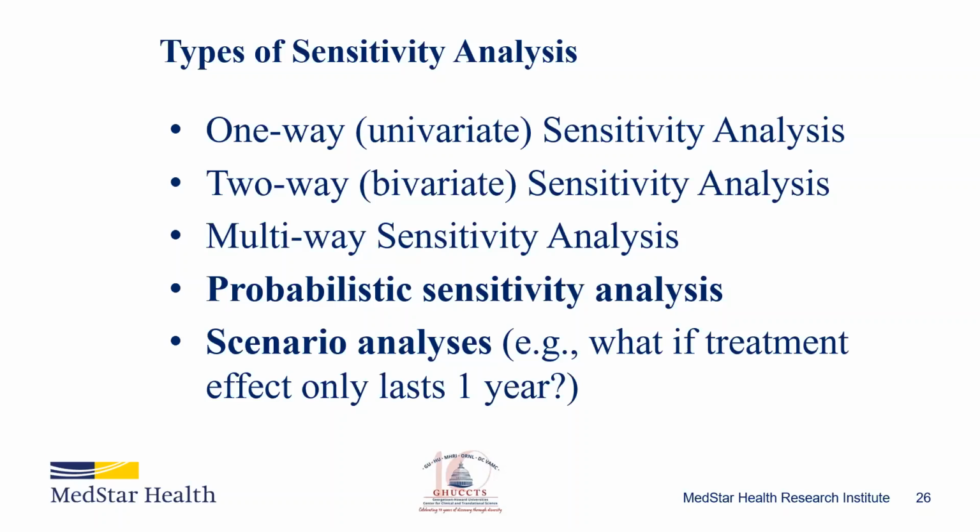And so what we do then is what we call probabilistic sensitivity analysis. And for those who were at the session a couple of months ago, where we did Bayesian analysis, you'll recognize this, and I'll use some of the same slides as I did before. And then we also will do what we call scenario analyses.